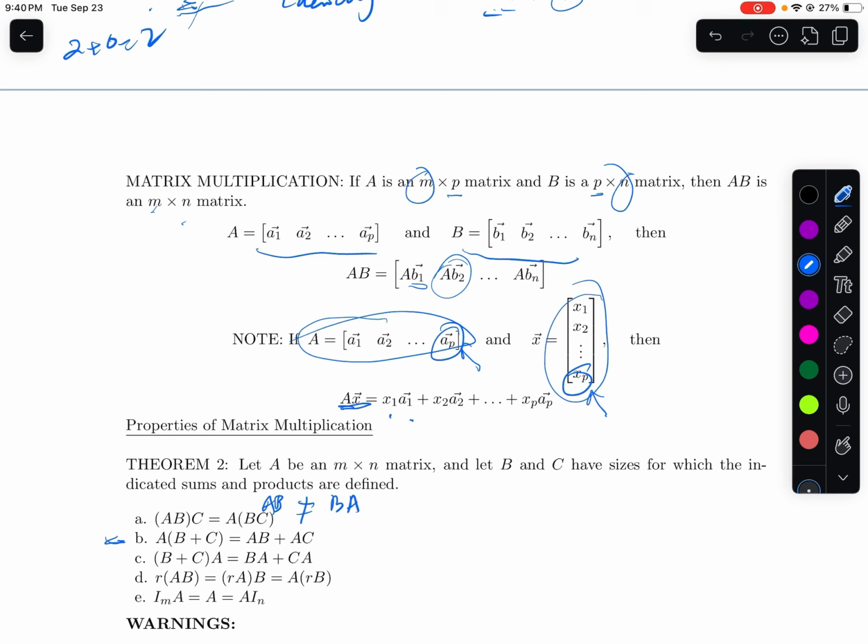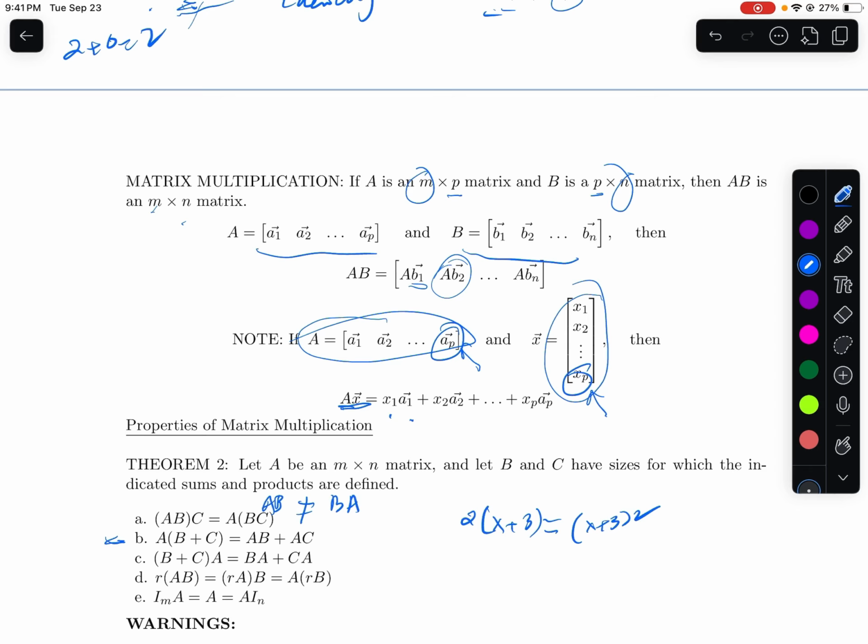So here we have now B plus C. Now look here, A is being multiplied on the right of B plus C. In part B, A was to the left of B plus C. So when you distribute, it must remain on the left of the two matrices. But when A is on the right of two matrices, when you distribute, A should remain on the right.